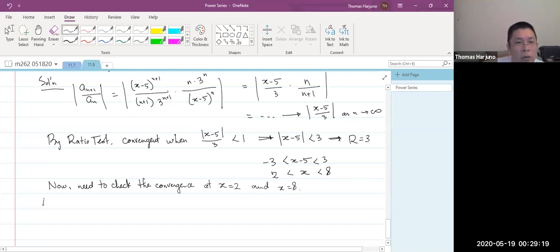At x equals 2, the series becomes (2 minus 5) to the n over n times 3 to the n. I hope you see some pattern already.